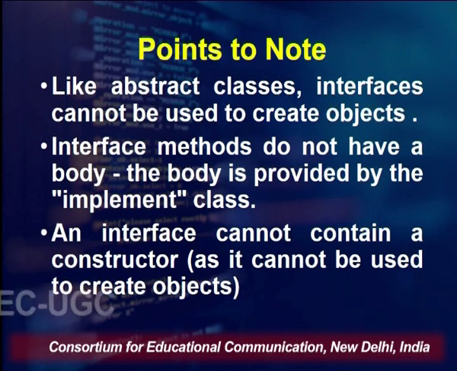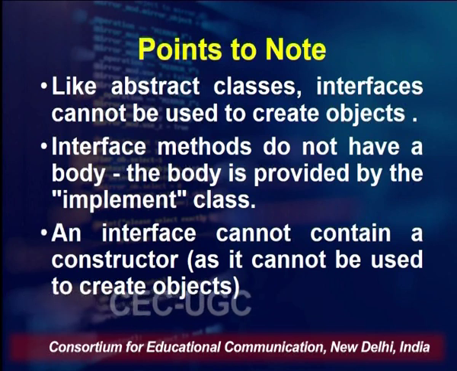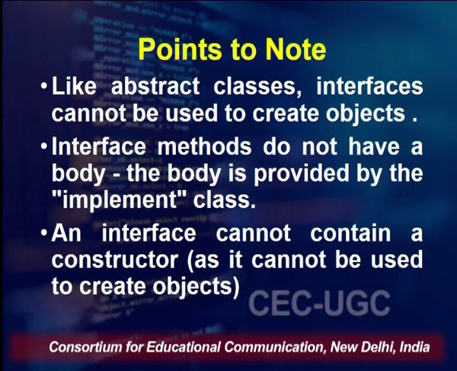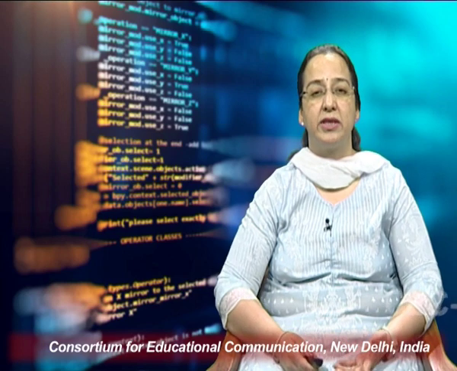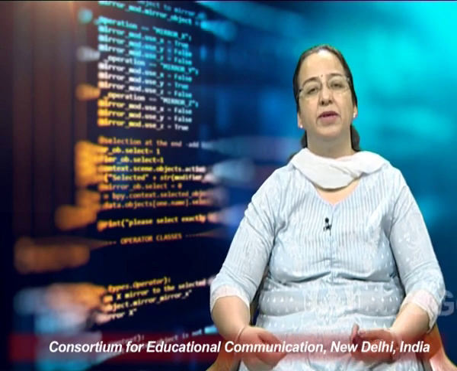An interface cannot contain a constructor of its own because it cannot be used to create objects, and the use of the constructor is to create the object. So, for example, if we have an interface in1, within that interface we can have a method which is named as in1, and that is going to work as a constructor. That is not possible.